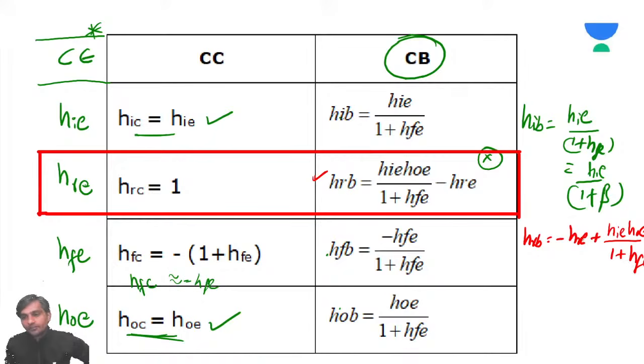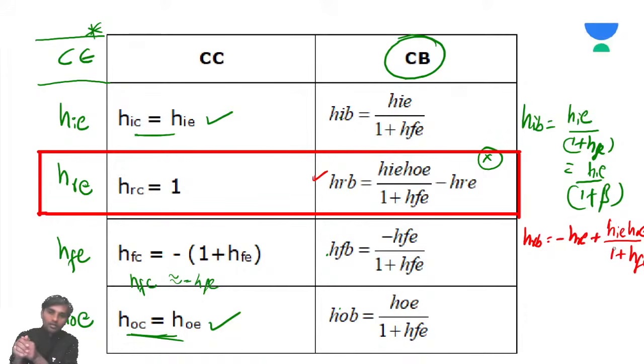HFE is already there, HRE is already there. So the remaining two parameters need to be written in the numerator, and 1 plus HFE on the denominator. This is a blind thing I'm explaining so that you will not get confused, and it will be useful in the examination.